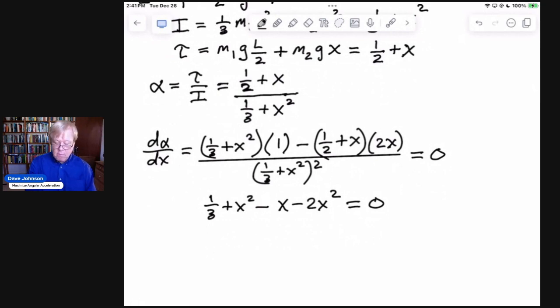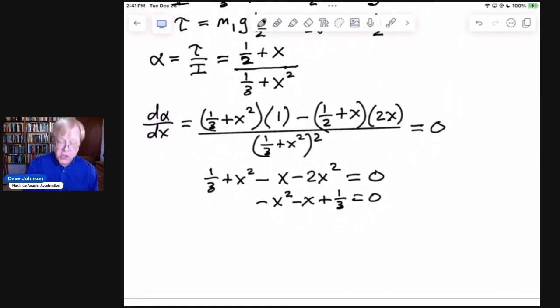If we combine like terms, on the left side, x squared minus 2x squared is negative x squared, minus x plus 1/3 equals 0. I like it when we have a positive coefficient on the x squared, so multiply through by -1, and we get x squared plus x minus 1/3 equals 0.